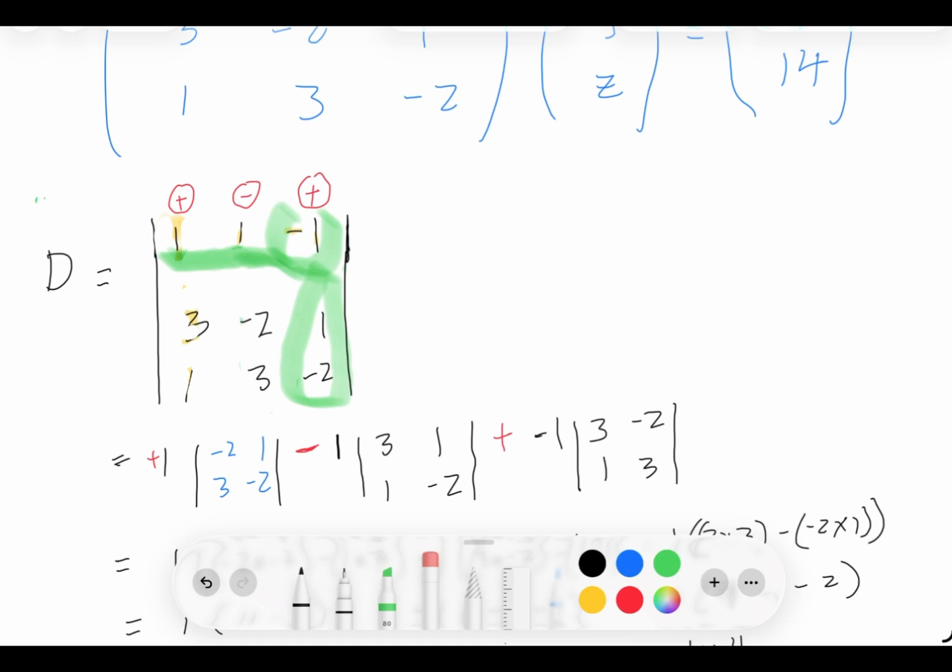You're going to multiply that negative 1 by your cofactor matrix, 3, negative 2, 1, 3.